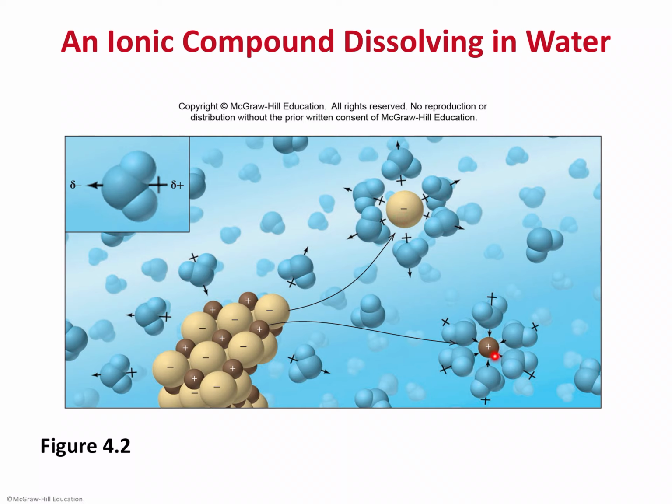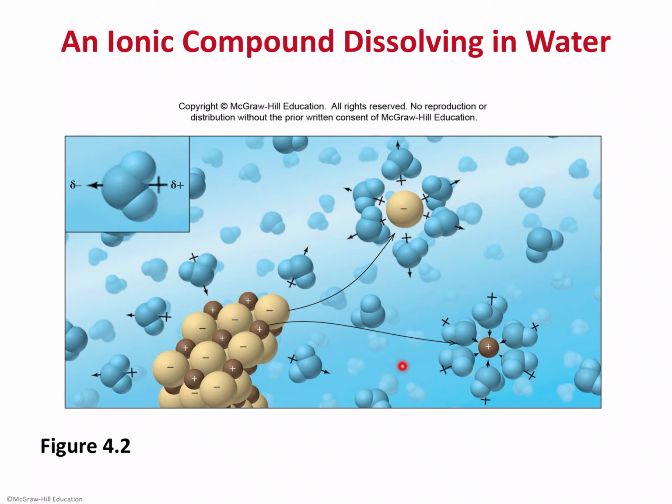And what happened to the sodium? So this is the sodium ion, positive ion. It doesn't have to be sodium, but any positive ion. Now the negative end of the water molecule is going to surround your positive sodium ion. That is why when you put a little bit of salt, table salt, into water, it disappears, right?